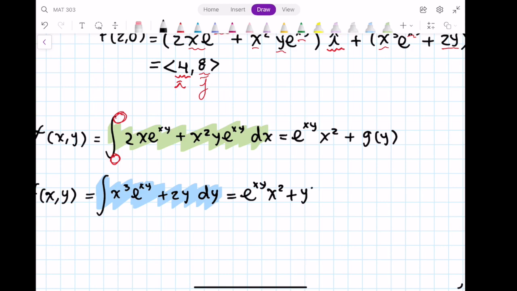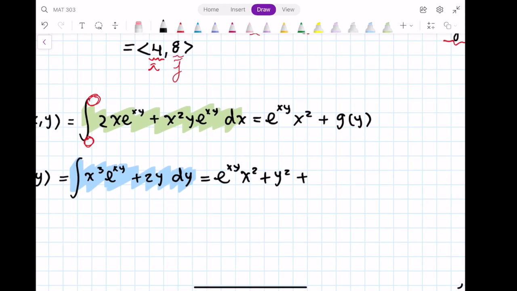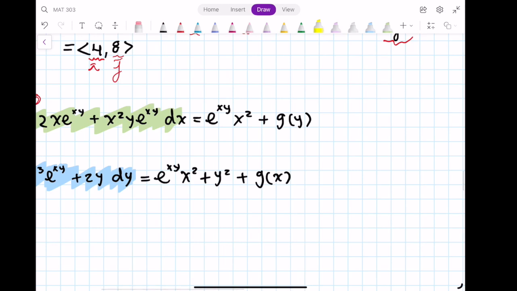And since we don't have limits, we're going to have a constant that is any function of x, right? This is the same as this, and the constant should be the same. So our constant, we're going to call it k. This part, we're just going to add after.